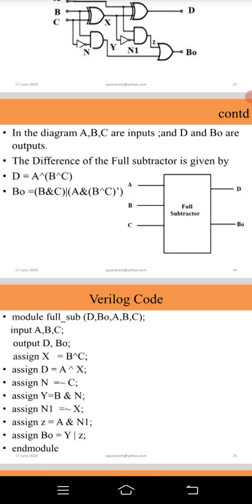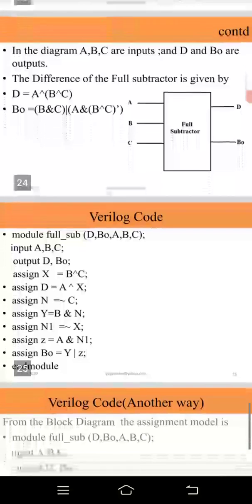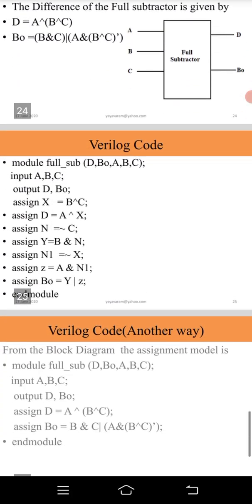Assign BO is equal to Y or Z. End module.